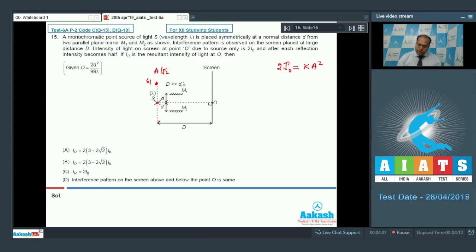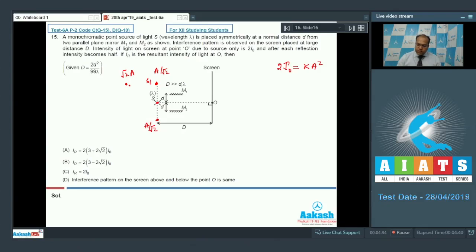In the same way, intensity of this source is I0, so its amplitude can be taken as A by root 2. So due to symmetry, the resultant of this source and this source can be written as A by root 2 into 2. So their resultant can be written as root 2A.